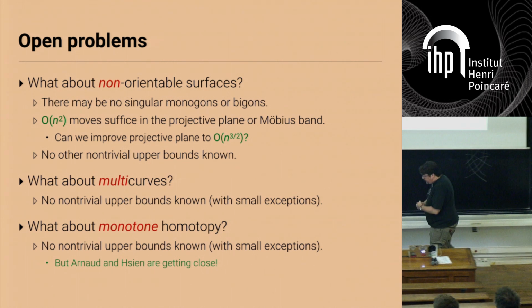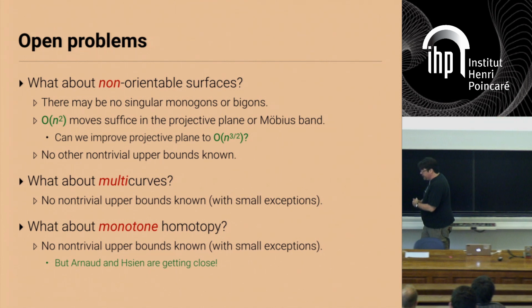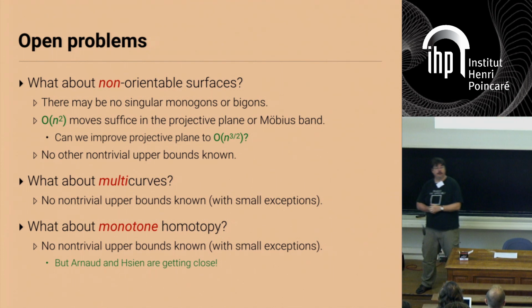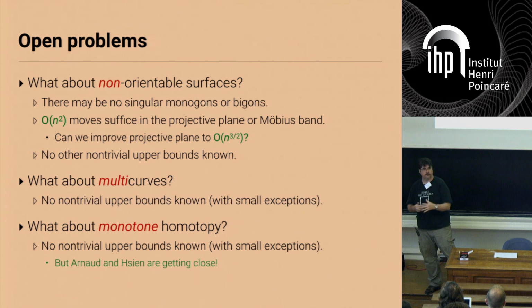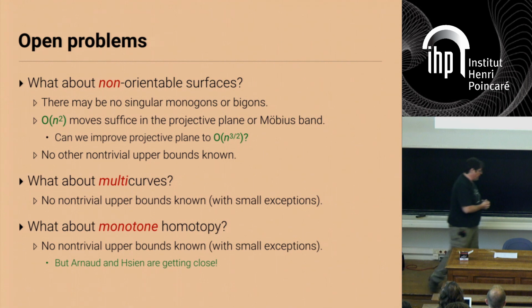But for more general non-orientable surfaces, the only upper bounds we know are the more or less trivial n to the order g, 2 to the order n. And so really nothing is known here.